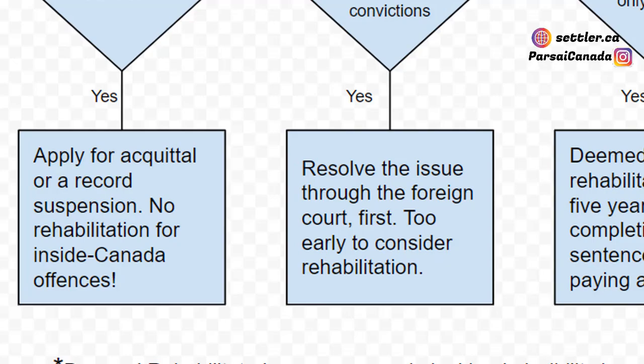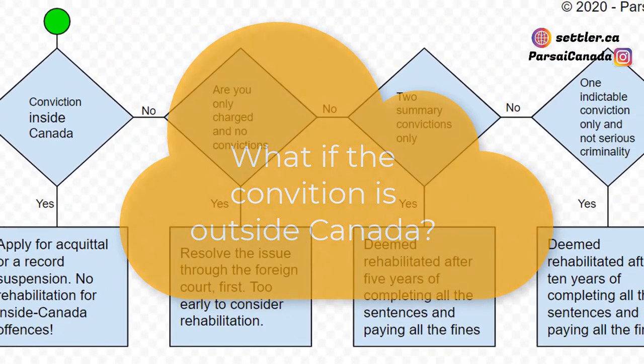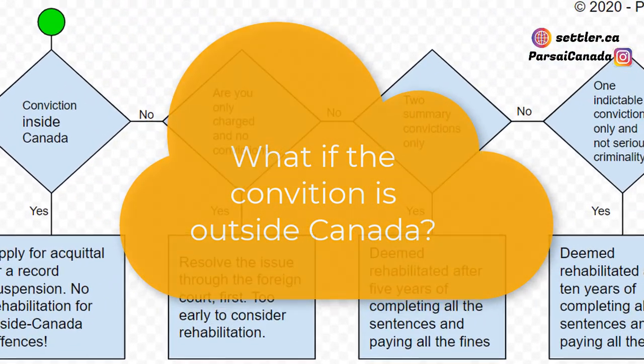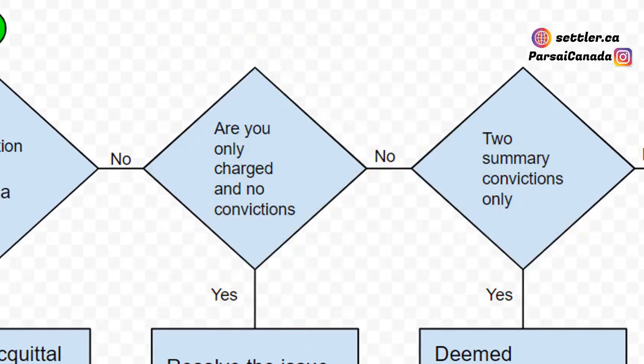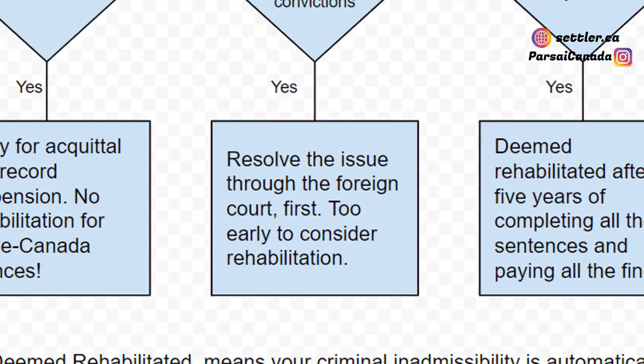But what if the conviction was outside Canada? Then you need to ask yourself whether you are charged but have no convictions at all. If you have not received a conviction yet, but you are charged by a prosecutor outside Canada, then your best bet is to try to resolve that issue through the foreign court first, because being charged outside Canada and leaving it open could result in inadmissibility to Canada.